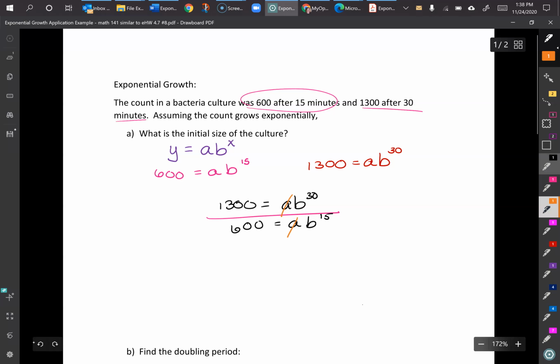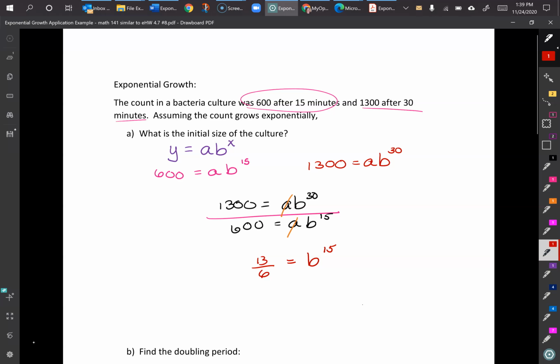So what I'm left with is 1300 over 600. We'll reduce that in a minute. Equals B to the 30th over B to the 15th. So that would be B to the 30 minus 15, which gives me just B to the 15th. So the 1300 over 600, I'd want to reduce out those zeros, and I'm going to get 13 over 6.